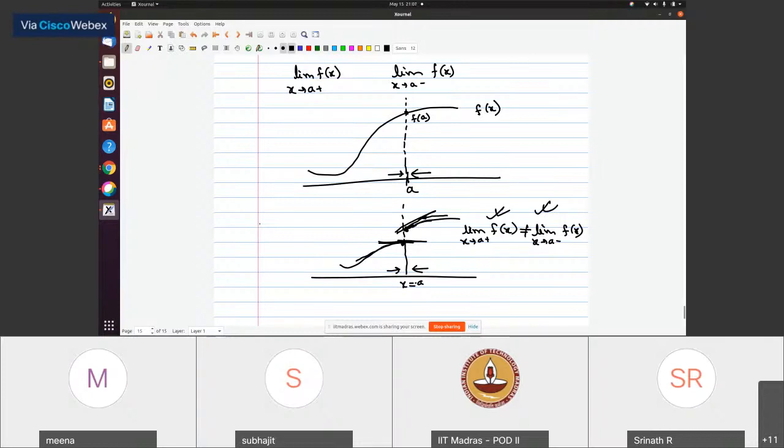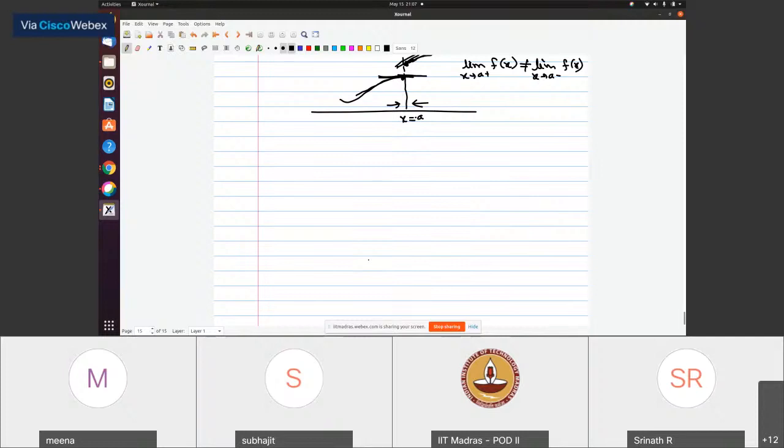Sir, one is mod of x. Mod of x looks like two lines meeting at a point at 0. f of x is mod x, right? Can you be a little louder?